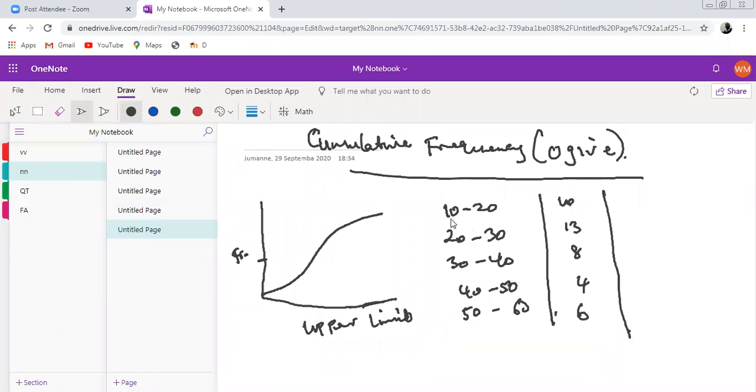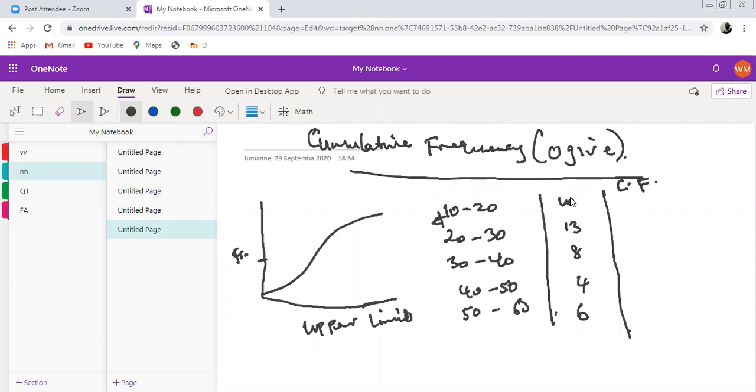So in these classes, the lower number we normally call the lower limit, and the other number on the right is normally referred to as the upper limit. So you can come here and have a column for cumulative frequency, whereby we add these frequencies down the table.